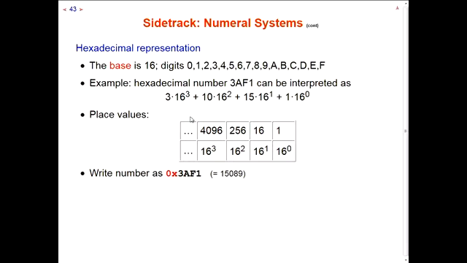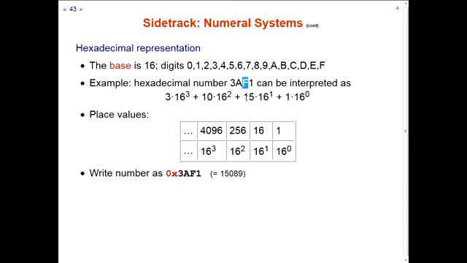For the hexadecimal representation, the base is 16, and since we don't have 16 digits, the standard is to use the standard 10 digits 0 to 9, and capital letters A to F. And when we then see a string like 3AF1, which uses the digits available for hexadecimal numbers, this would be interpreted just as usual, but now to the base of 16, so that the first 3 here would be multiplied by 16 to the power of 3, plus 10 times 16 to the power of 2.